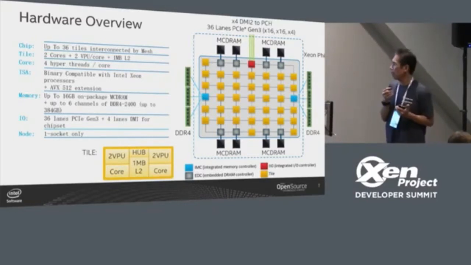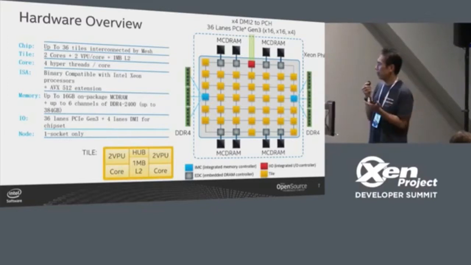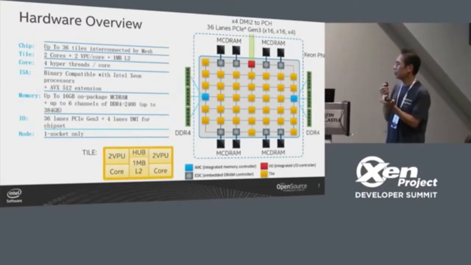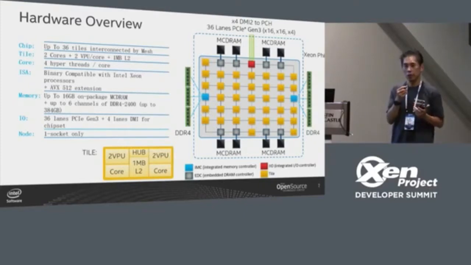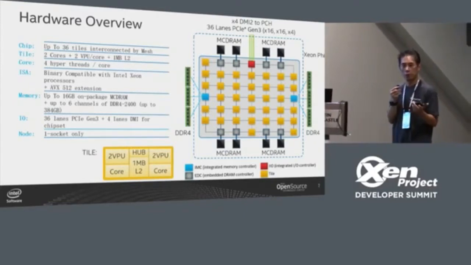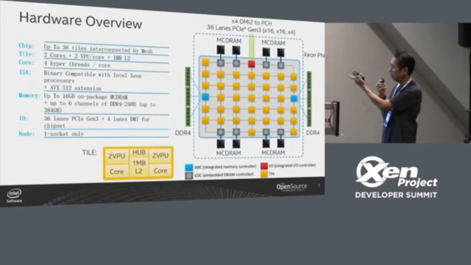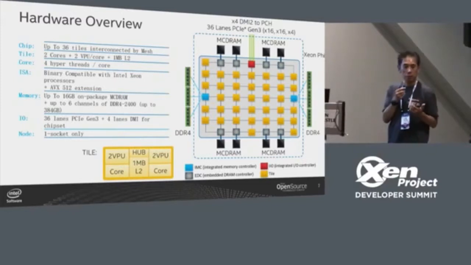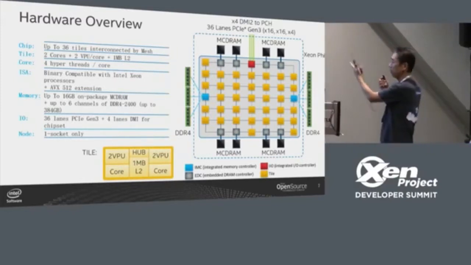Each core has 2 vector processing units, used for AVX-512 and that kind of thing. And I mentioned the high bandwidth memory, that is MCDRAM.